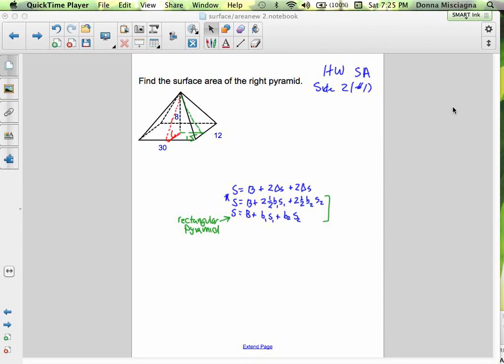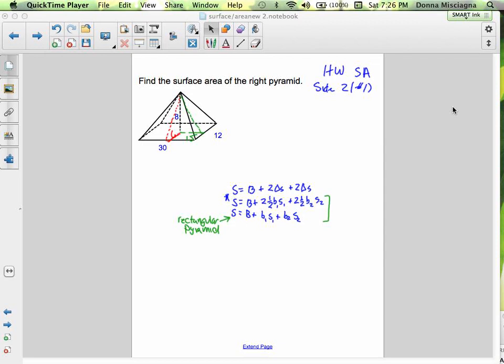If the base is not a square, I don't have 4 congruent triangles. I have 2 different triangles. One has a slant height that comes from 8 squared plus half of 30, or 15 squared, and one comes from 6 squared plus 8 squared.